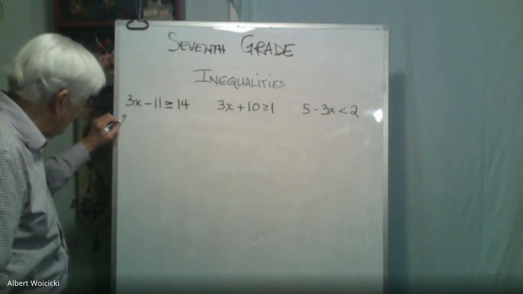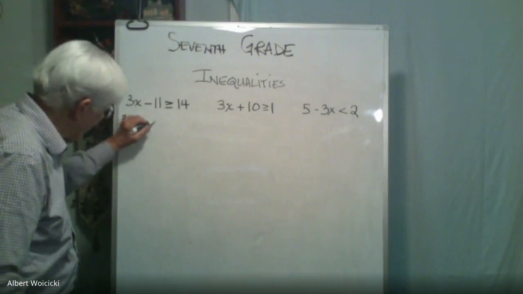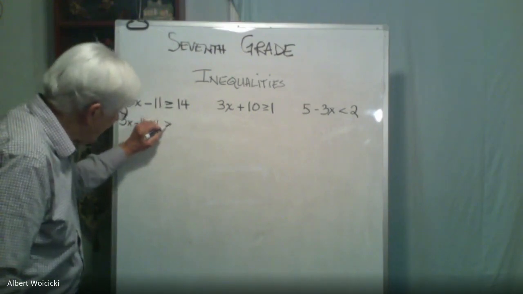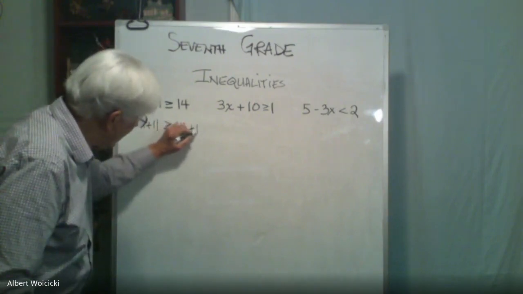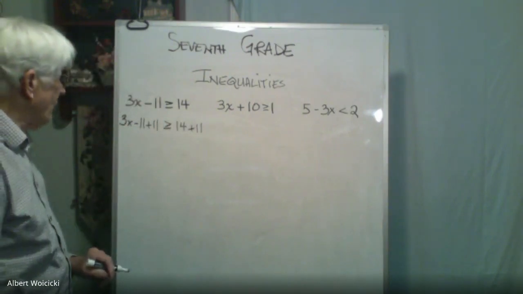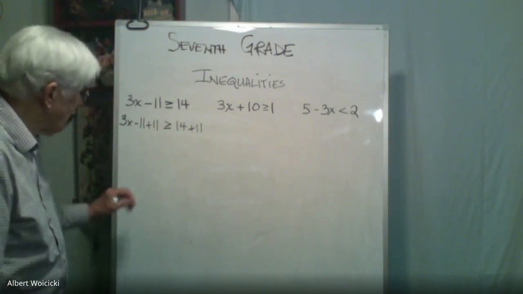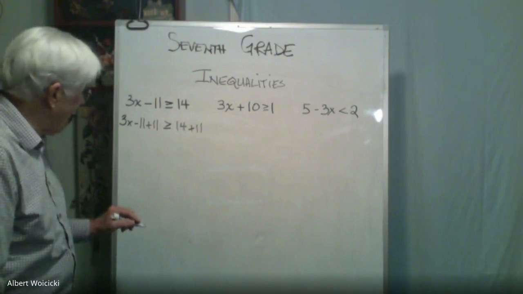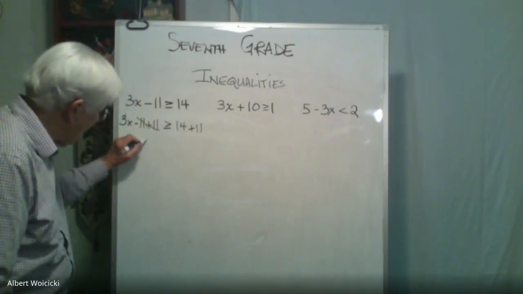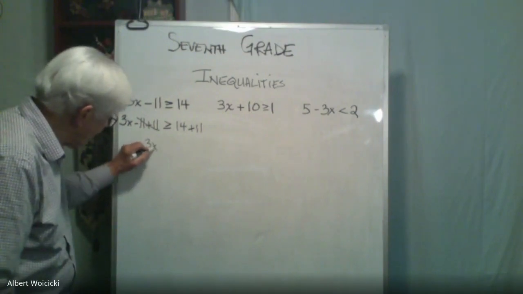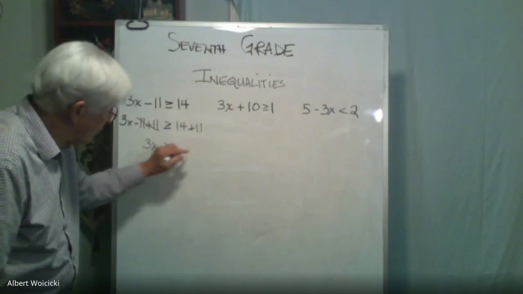Or in this case, 3x minus 11 plus 11 is greater than or equal to 14 plus 11. So, what are we going to have here? On this side, these are going to go out. And we're going to get 3 times some number is greater than or equal to 25.